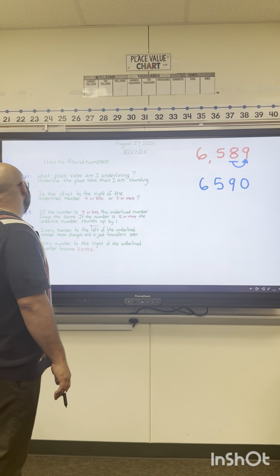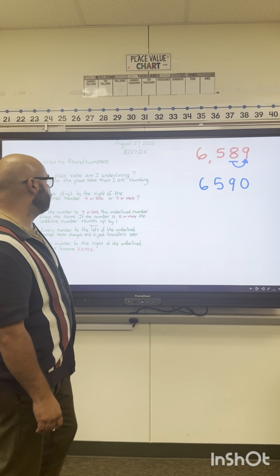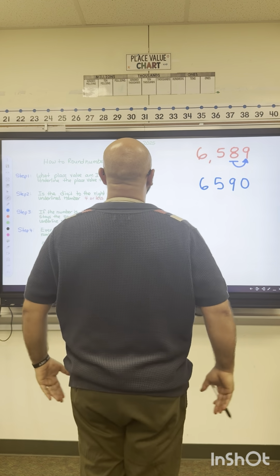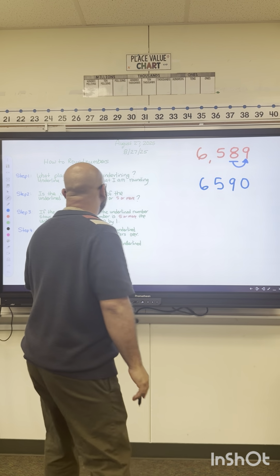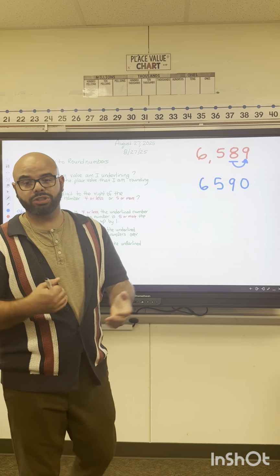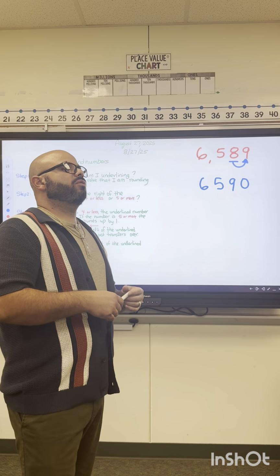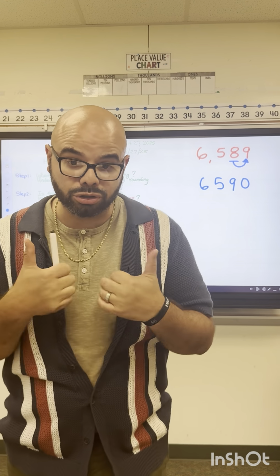Okay? Step 2 is the digit to the right of the underlined number. So I'm the number 8. It's the digit to the right of the underlined number, 4 or less, or 5 or more. I even gave them a jingle, okay? I said, 4 or less, let it rest, 5 or more, raise the score.